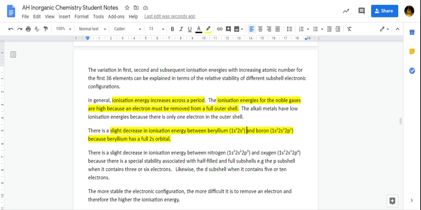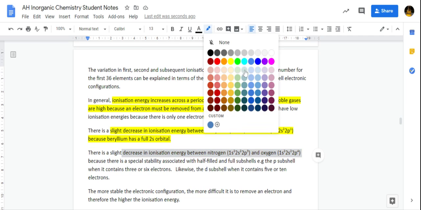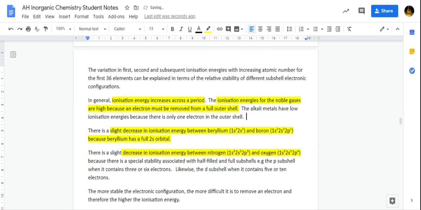We can also explain the decrease in ionization energy between nitrogen and oxygen, because nitrogen has that unusual characteristic of having a half-filled p subshell, and therefore it has a special stability, which means it requires more energy to remove an electron from that arrangement.